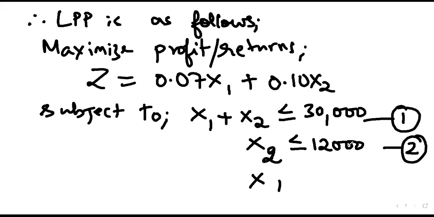What is the next constraint after this? X1 is greater than or equal to 6,000. That's right. And after that, the next constraint is X1 minus X2 greater than or equal to 0.